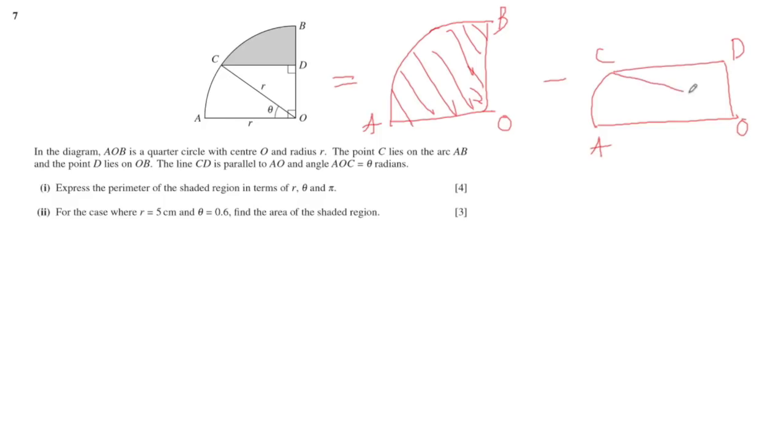The second part I can divide into two parts: one sector and one right triangle. After you take part 1 minus part 2, I will have the area of the shaded region.